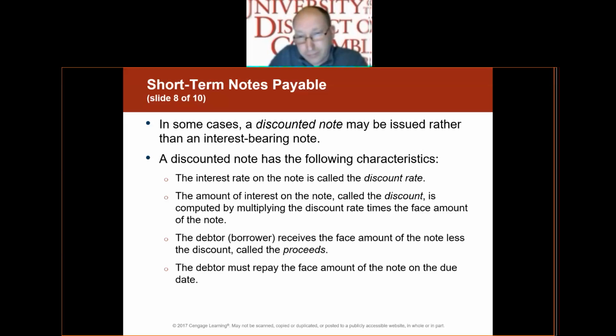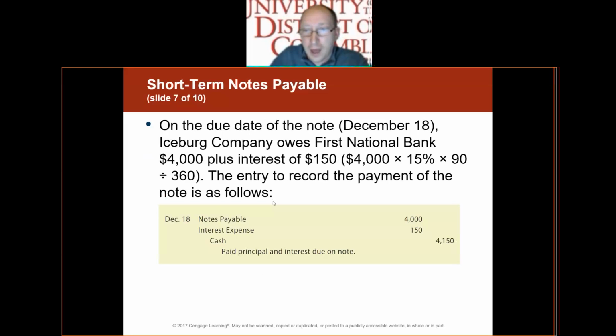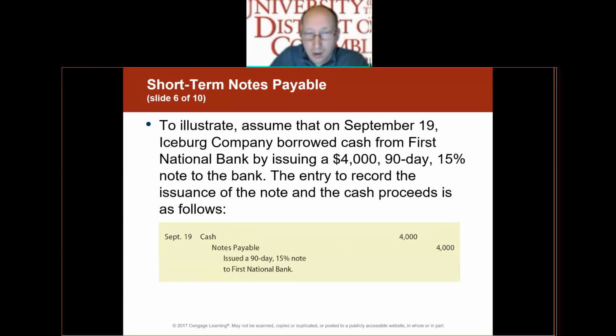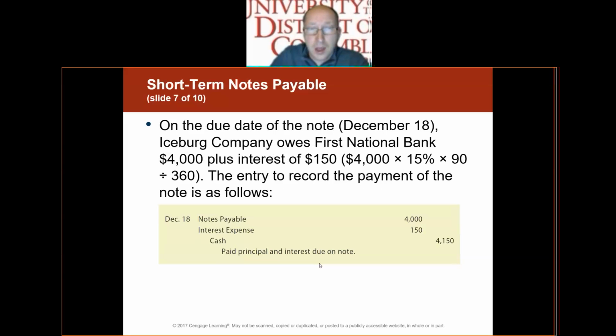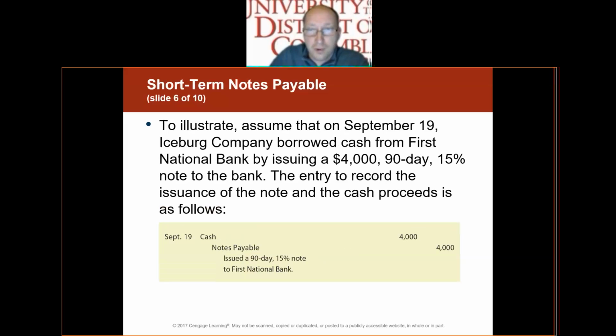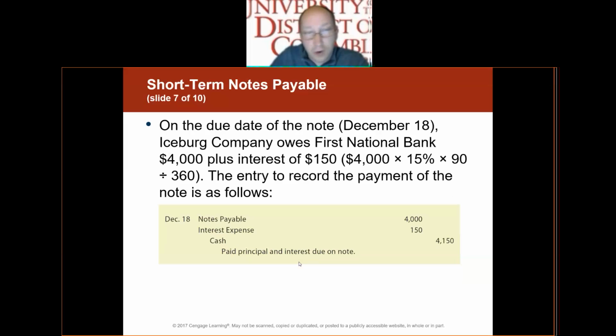So the way I want you to think about this is, in our earlier example, we borrowed $4,000 from the bank with a 15% interest rate. Instead of this being an interest rate, if it was a discount, we would not receive $4,000.